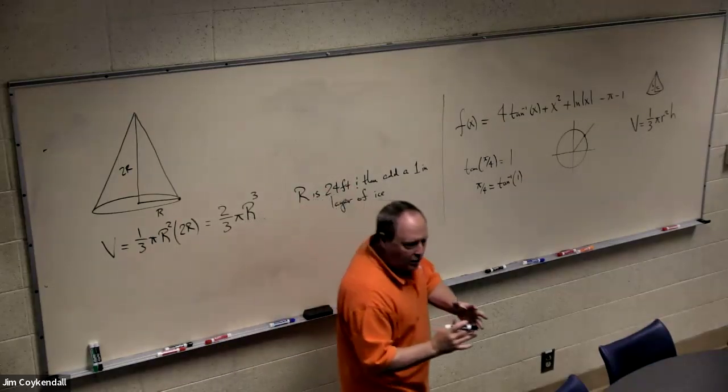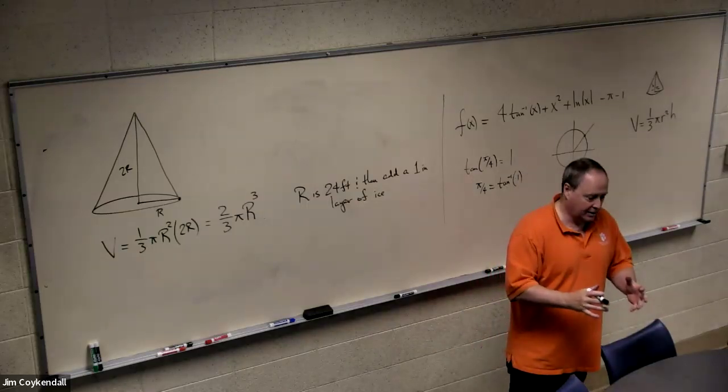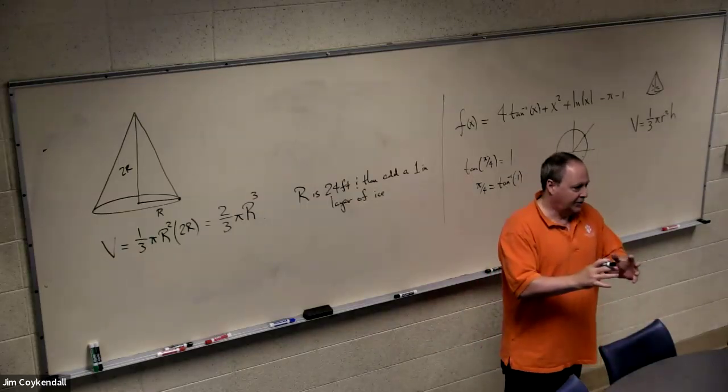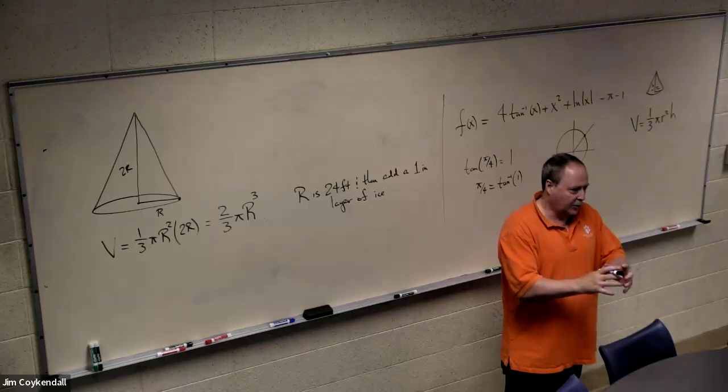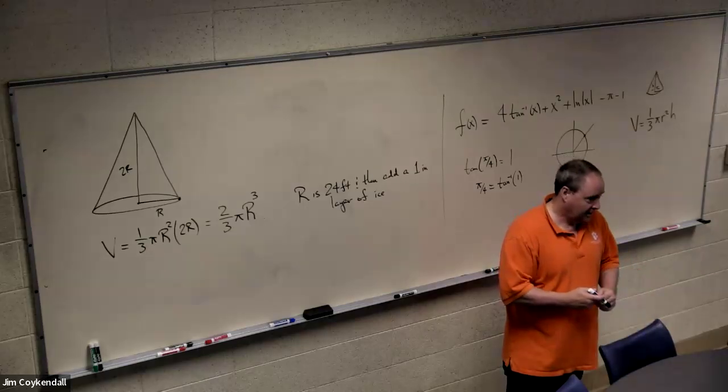What we're trying to do is weigh the ice. To weigh the ice, we better know how much ice is there. And the ice should be the change in volume as the tower grows from 24 feet in radius to 24 feet and 1 inch. Right?